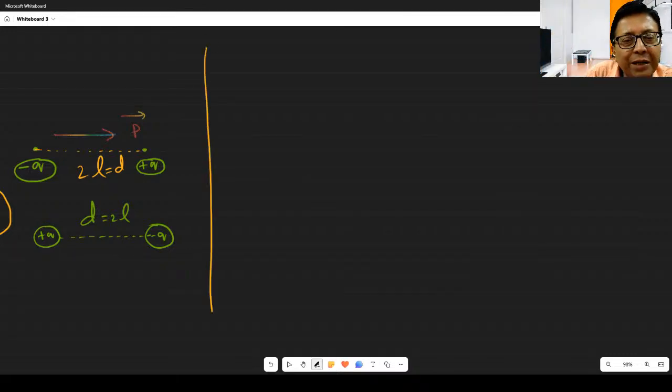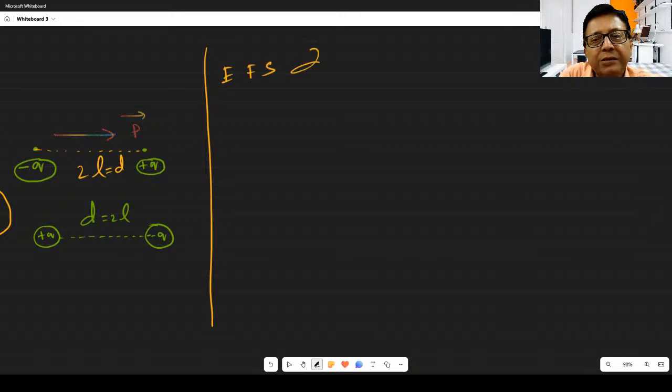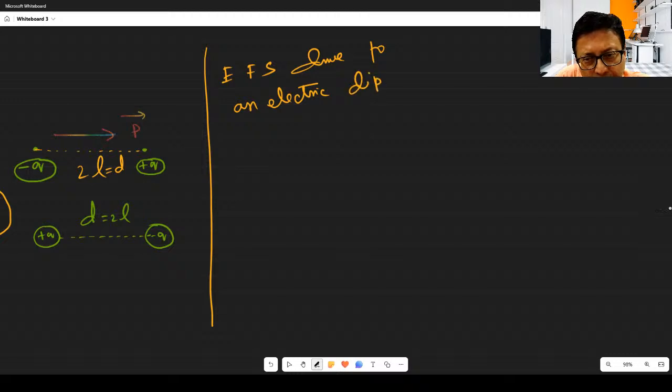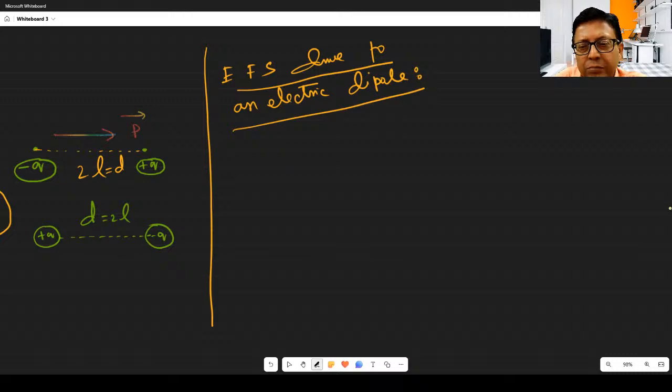We are going to calculate EFS due to an electric dipole. Minus Q, plus Q separated by some distance D equal to 2L.